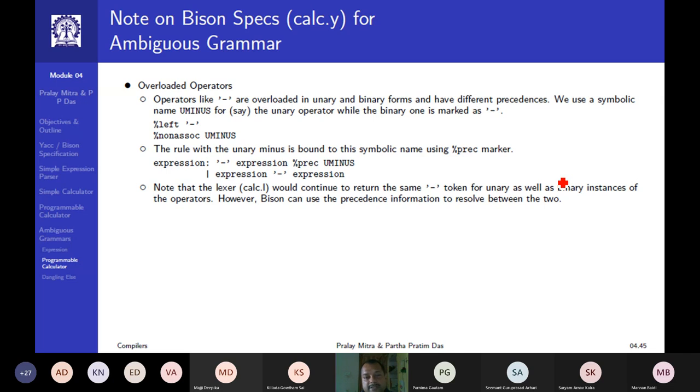Good news is that for this unary and binary operations, their precedence information is different. So that's why to discriminate between these two, for binary we are using like addition, multiplication and division to keep the parity with the existing one. Within single quote it is the hyphen, but for unary operation, unary minus, we are naming it as U minus. And at the rule section that I pointed out, that this percent prec U minus is entered.